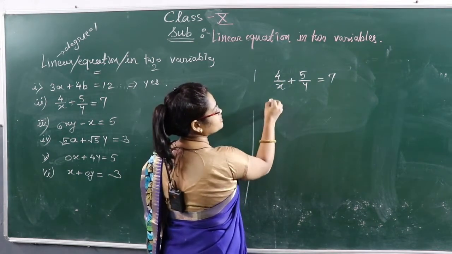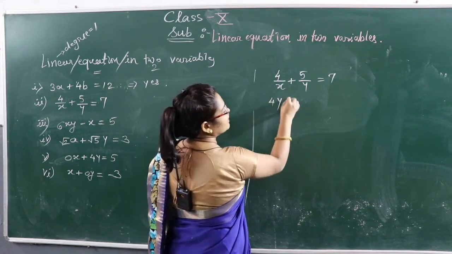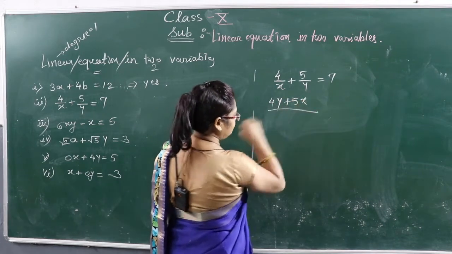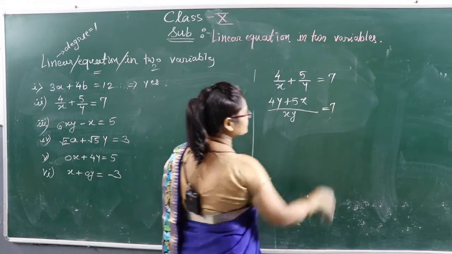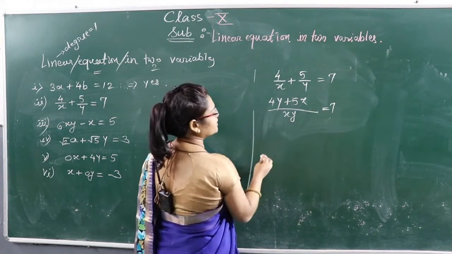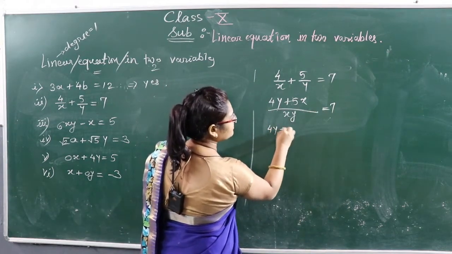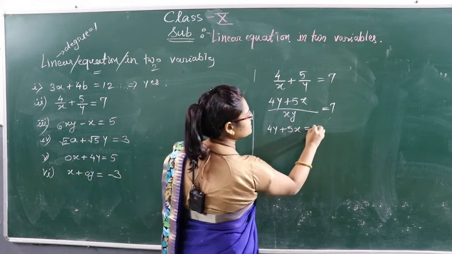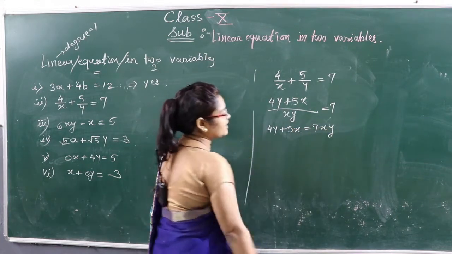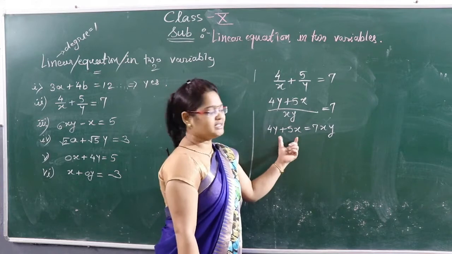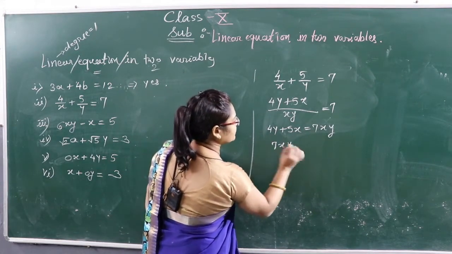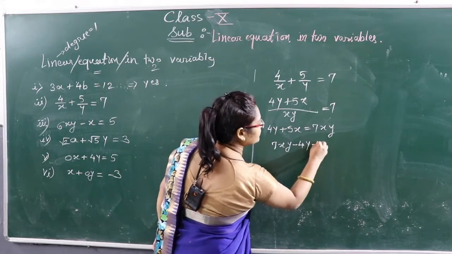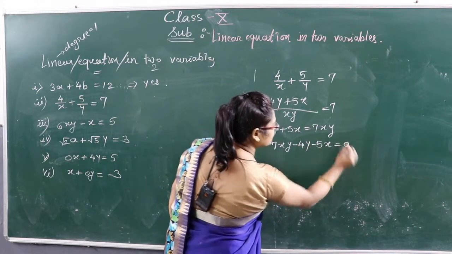After cross multiplication we get 4y plus 5x divided by xy equals 7. After shifting xy we get 4y plus 5x equals 7xy. Let's shift the left hand side to the right side. We get finally 7xy minus 4y minus 5x equals 0.